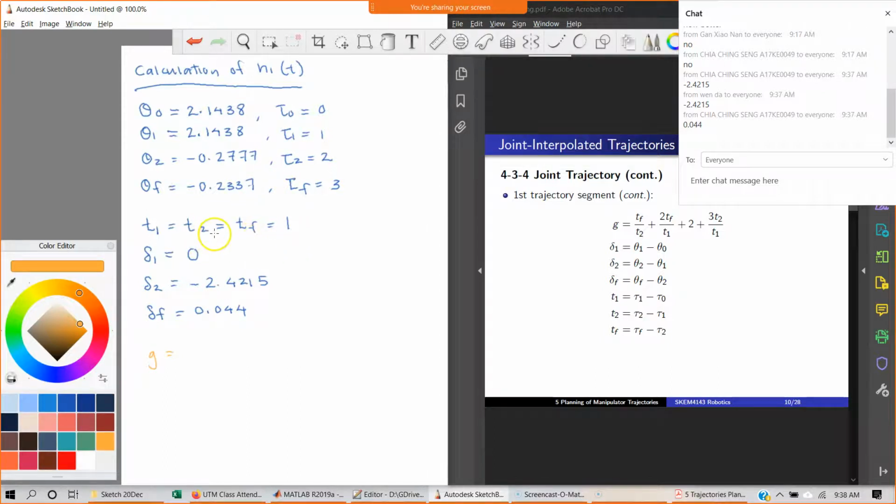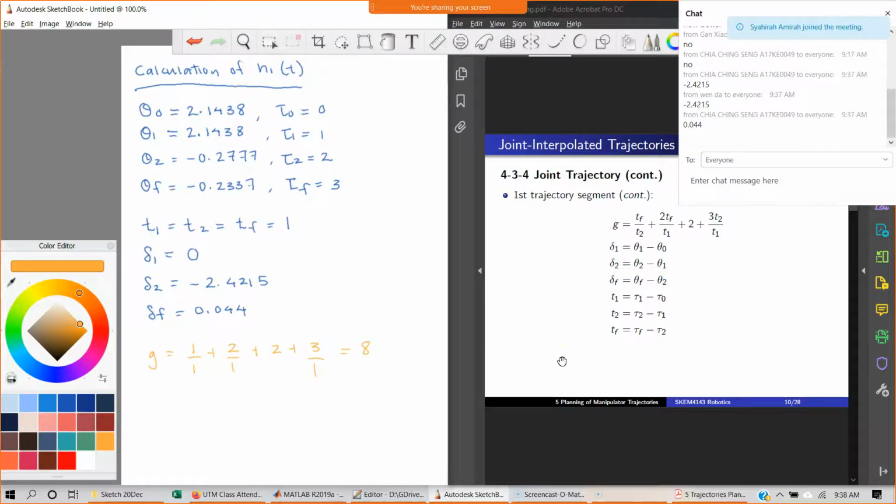Tf is 1, T2 is 1, so 1 over 1 plus 2Tf over T1 plus 2 plus 3T2 over T1. What is this? 1 plus 2, 3 plus 2, 5 plus 3, 8. Okay, that was simple, right?